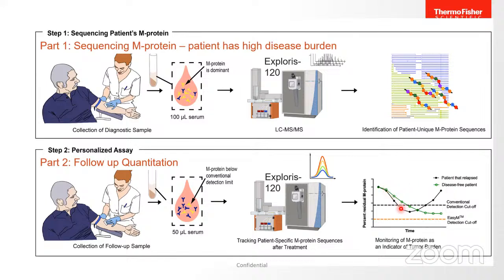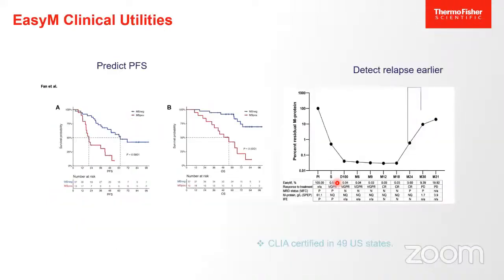Based on this M protein quantification, you can figure it out. Here it was M protein dominant. Here you can see that after treatment, the M proteins are much less. So that decides whether there is a chance of relapse or the patient is recovering. So you can actually predict progression-free survival or the chances of relapse.